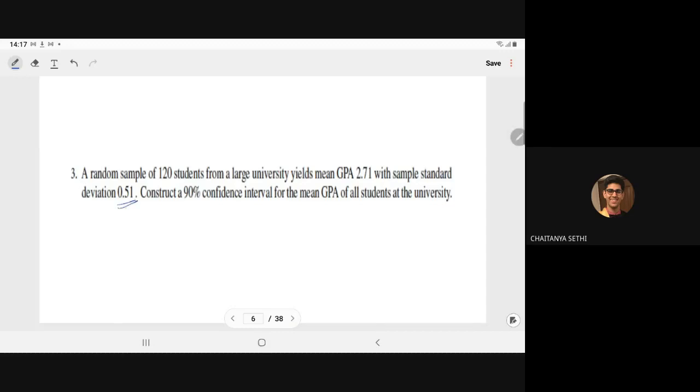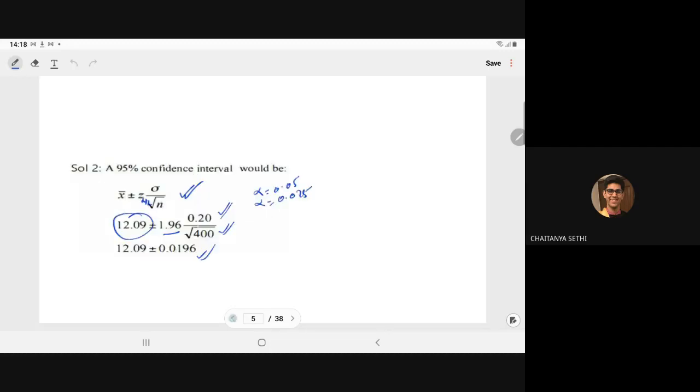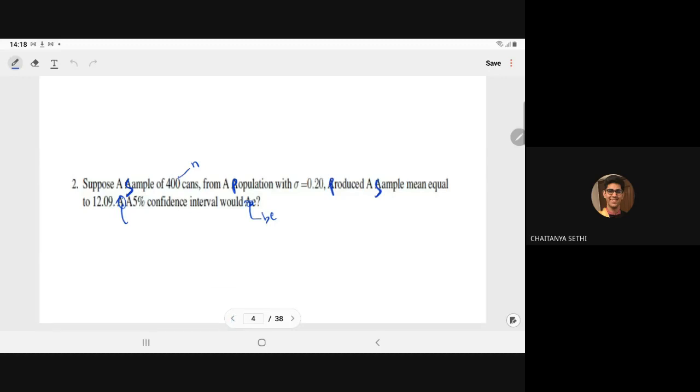This information is crucial. It is given to you as a sample standard deviation s. In the previous question, it was given as a population standard deviation sigma, right?